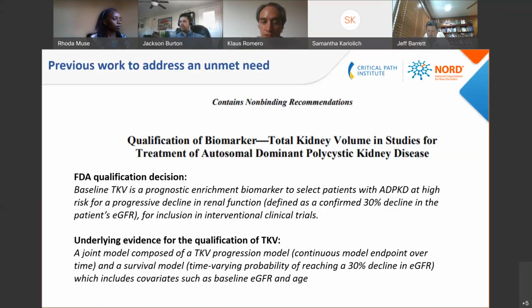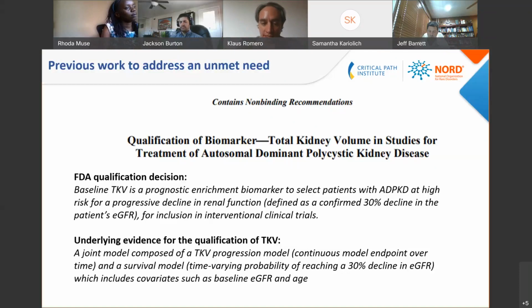So this model includes EGFR in 2 forms. One, as a baseline covariate that allows you to use TKV as a selection criterion together with baseline EGFR, and then a specific threshold EGFR loss at the end, 30% loss of EGFR over time, which was the binary endpoint for the joint model.